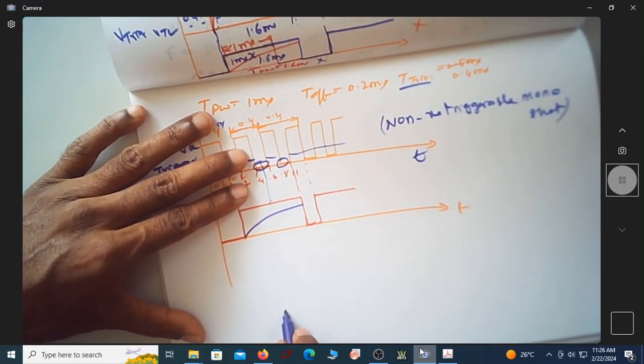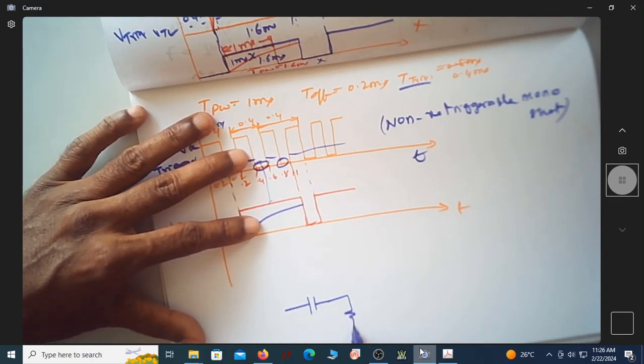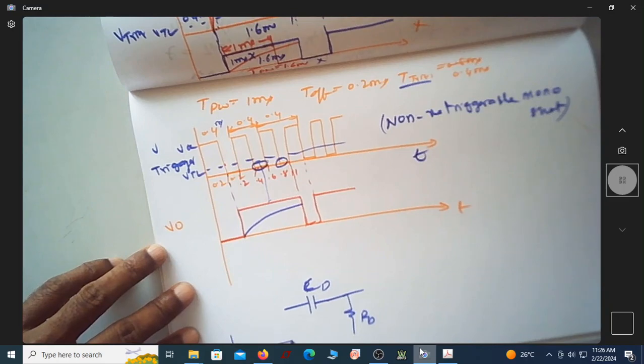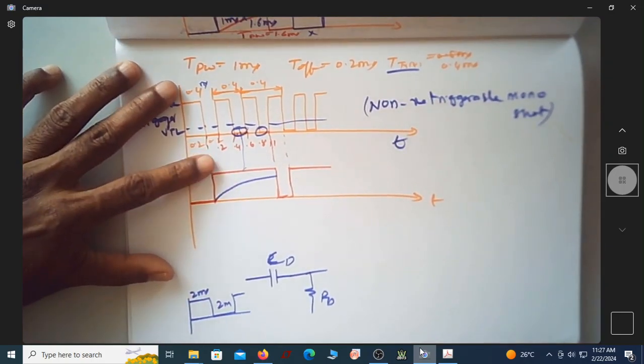Assume that you have a circuit like this. This is CD, RD. Assume that you have a trigger signal which is like a 50% duty cycle. Assume that this is 2 millisecond, these are also 2 millisecond. Both are 2 millisecond.